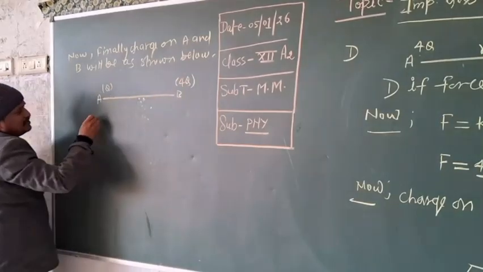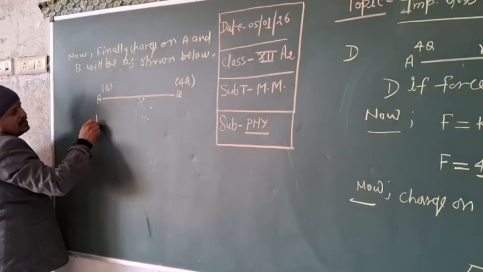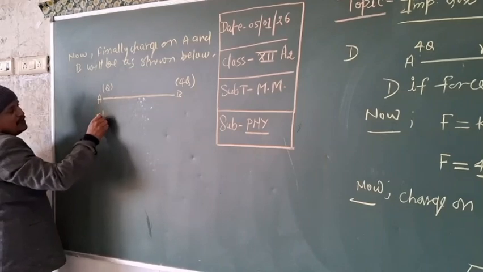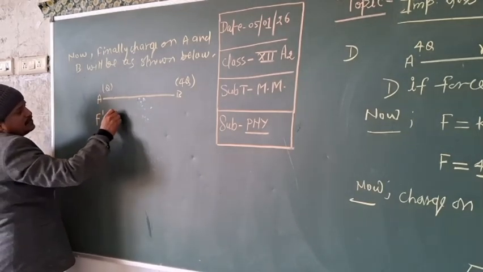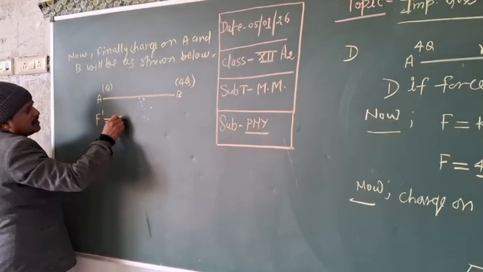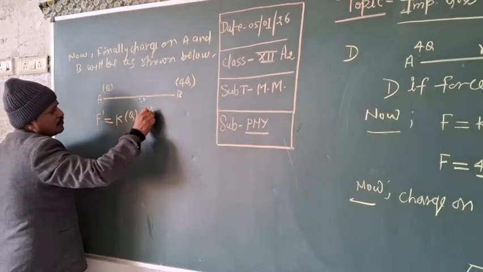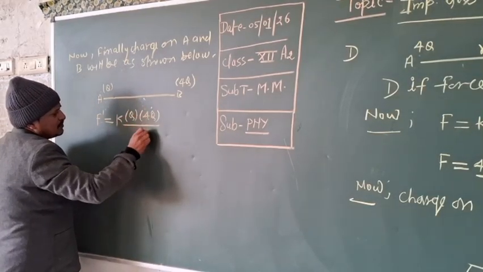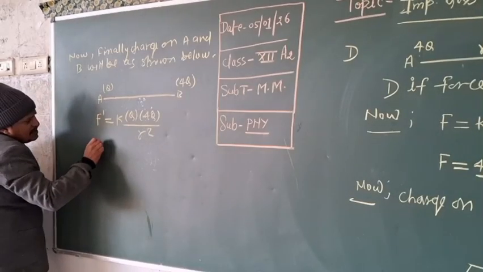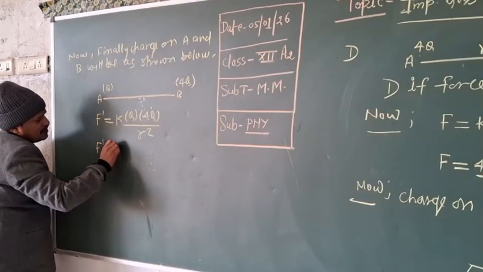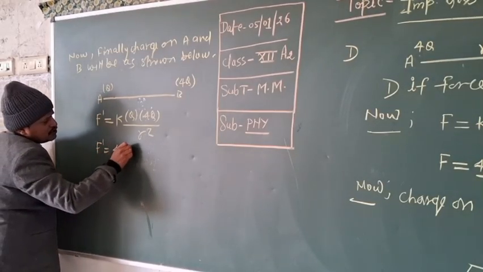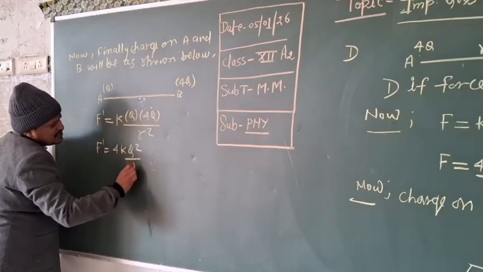After this, to calculate the force between A and B you can apply Coulomb's law. F dash will be K Q into 4Q divided by r square, that is 4K Q square upon r square.